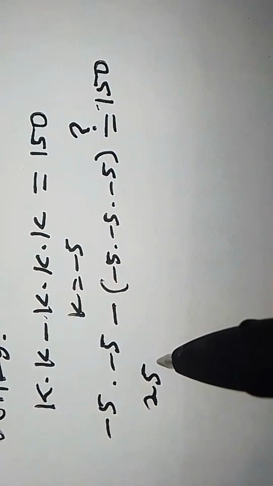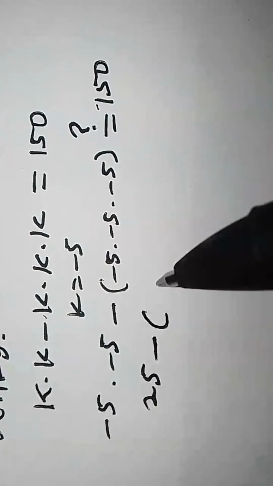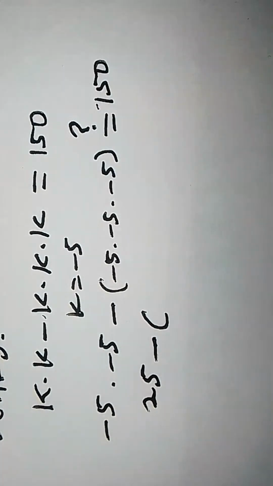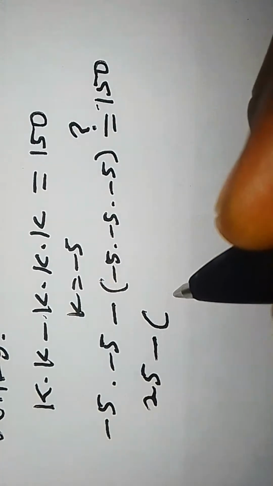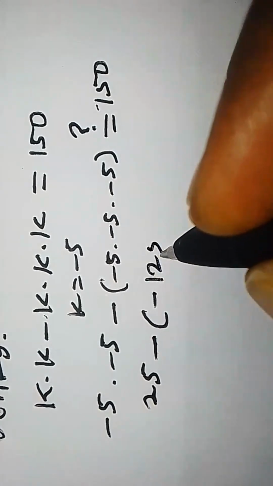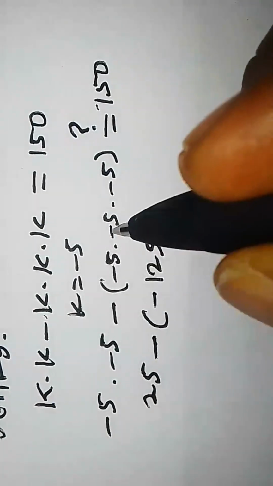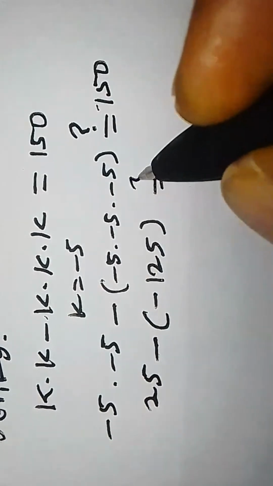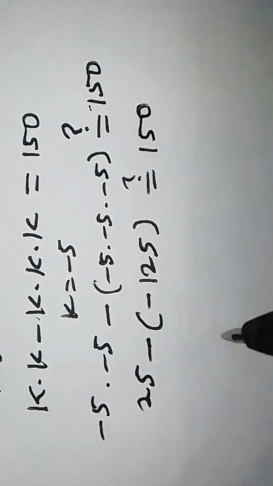So, we have negatives outside, into minus 5 times minus 5, that is 25. 25 times minus 5, that is 125. So we have minus 125 because there is a minus here. So we are left with 1 minus 125 and claim that this is equal to 150.